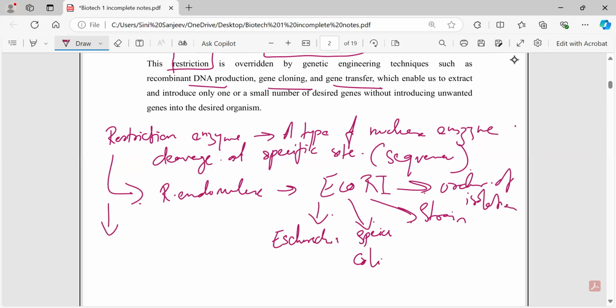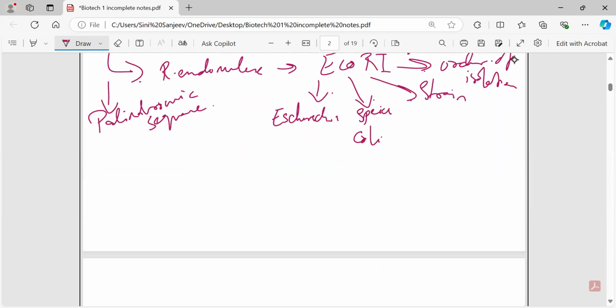This all deals with your palindromic sequence. For example, if you take the palindromic sequence of EcoRI, you will have two ends, 5 prime, 3 prime and 3 prime, 5 prime, because of the opposite polarity. And then we have a sequence like this.